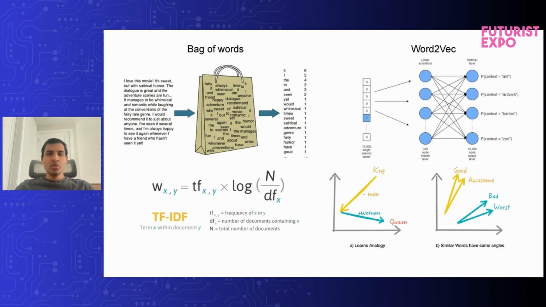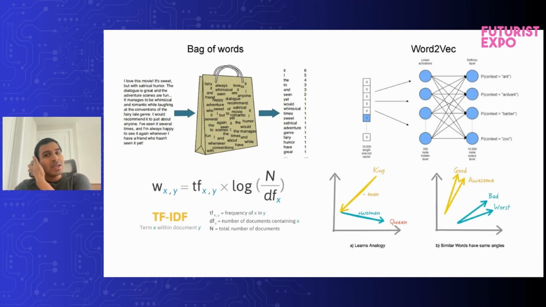Then we moved on to the word2vec model. This model enabled us to create embeddings for each of these words. An embedding is basically a vector of floating point numbers for each word, which encodes some meaning of that word.